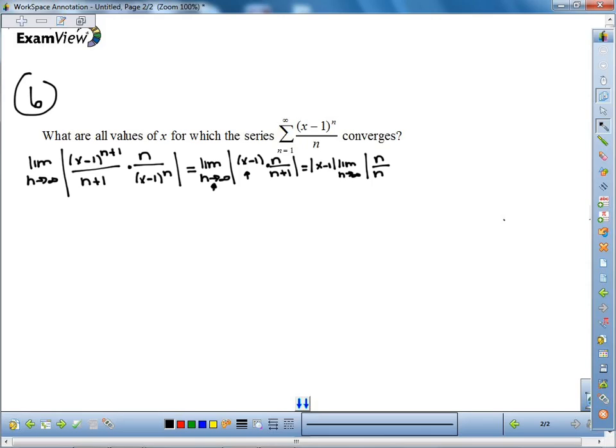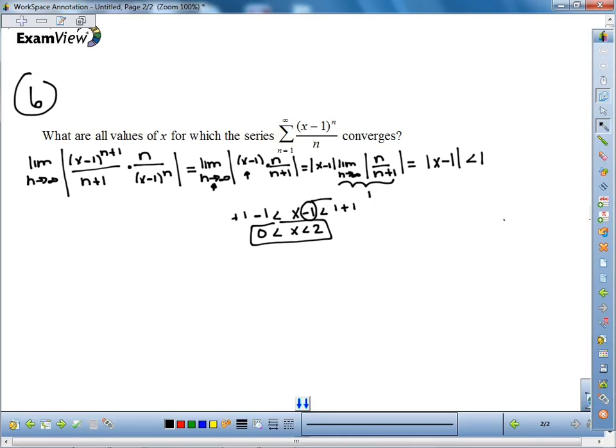The limit as n goes to infinity of n over n plus 1 goes to 1, so this is the absolute value of x minus 1, and we want this to be less than 1. So for my radius of convergence, we're going to add 1 to both sides, and I'm going to get from 0 to 2.